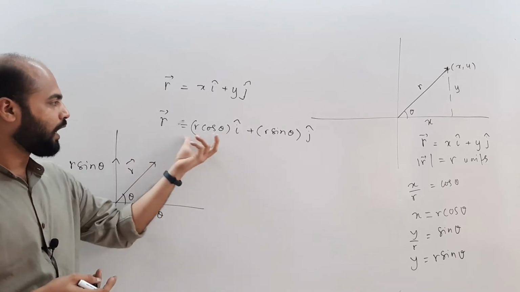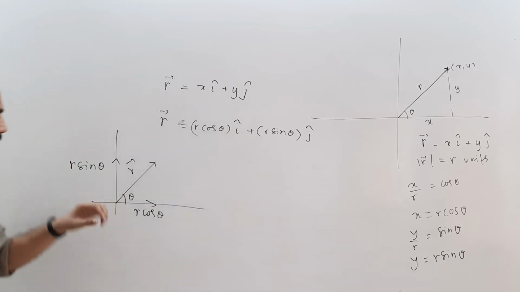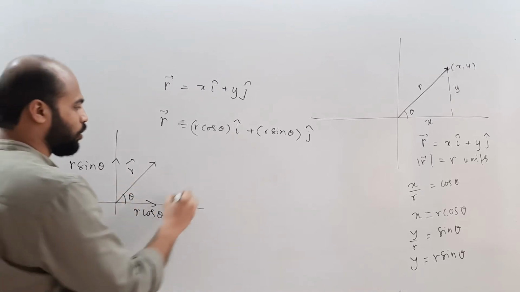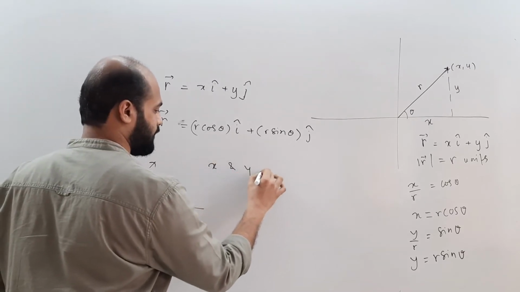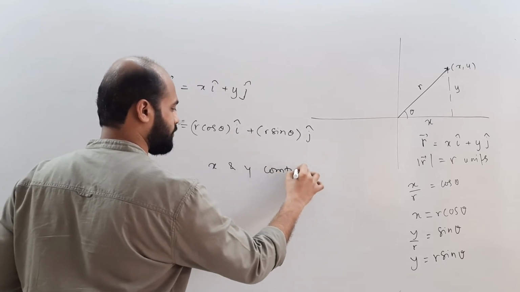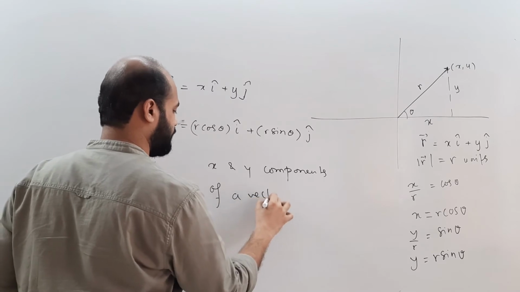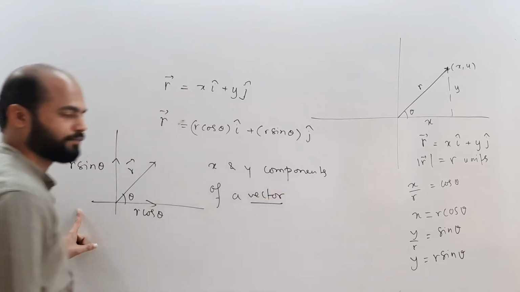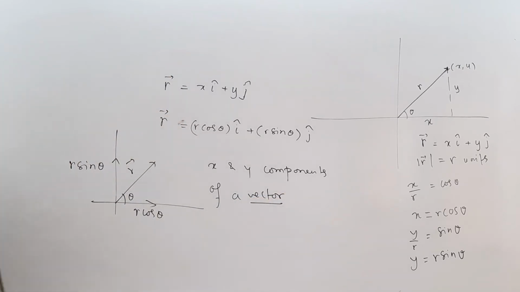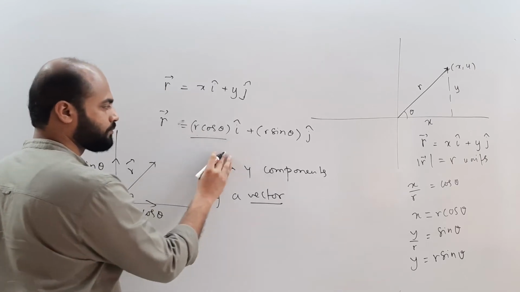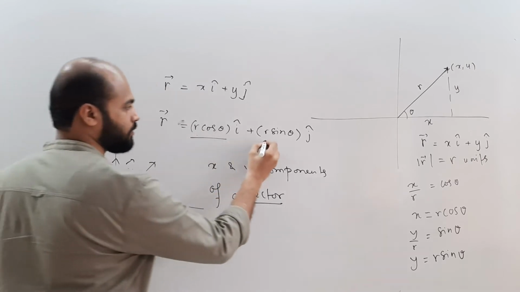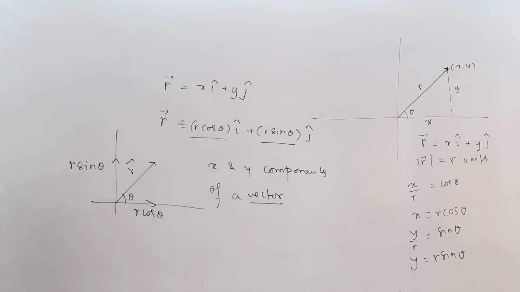Now we are saying it as r cos theta and r sin theta if this magnitude is known and if this angle is known. So these are called x and y components of a vector. This is the x component of a vector, r cos theta, and this is the y component of a vector.